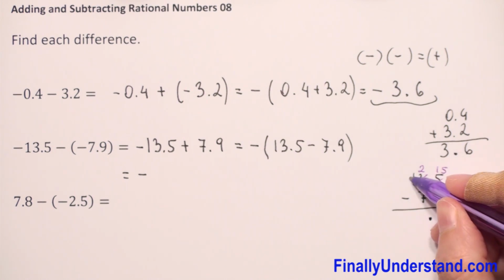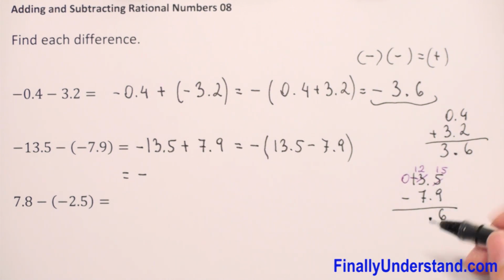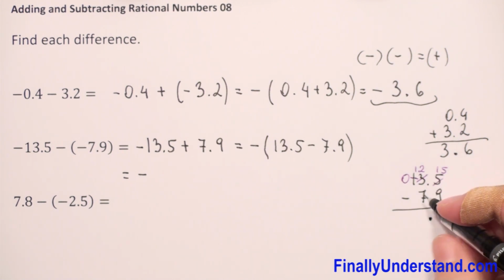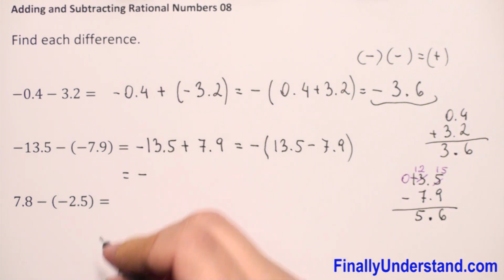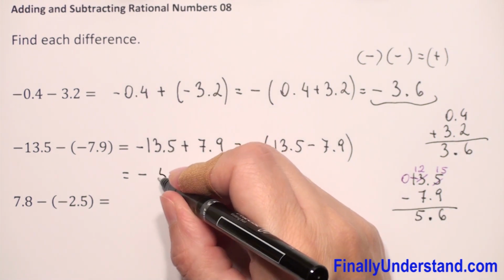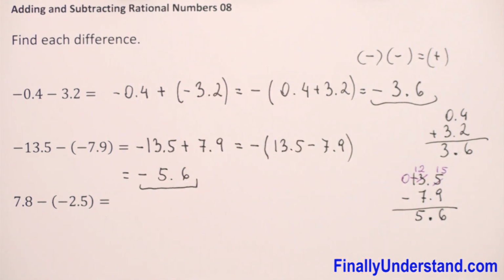So here will now be 0, and we have 12. 12 minus 7 is 5. So we have 5.6, negative 5.6.